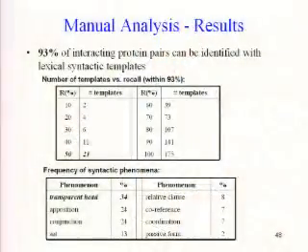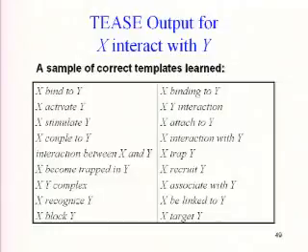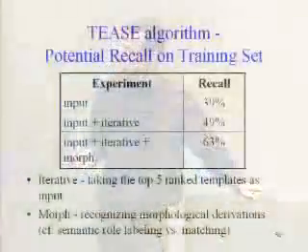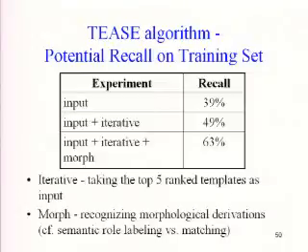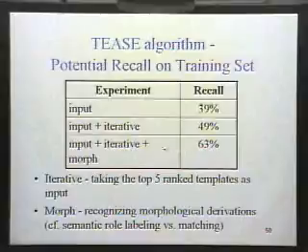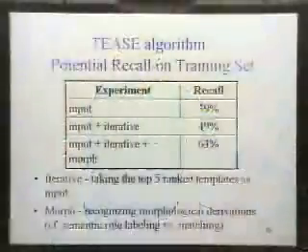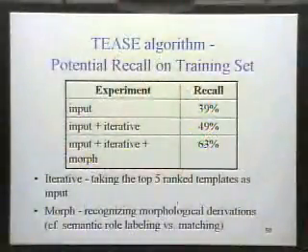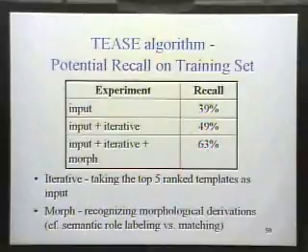This is an example of the kind of rules that our system learned for this. And then the interesting thing is that when we manually examine the recall, we've seen that if we had something we didn't have at that point, we now have some version of it. If you do a couple of iterations in the bootstrapping, and you assume you also have a module that knows about morphological derivation.